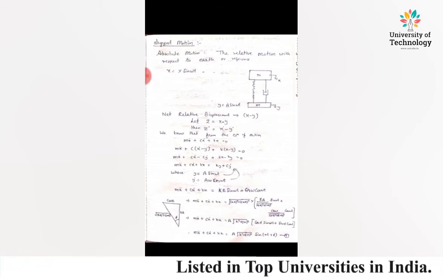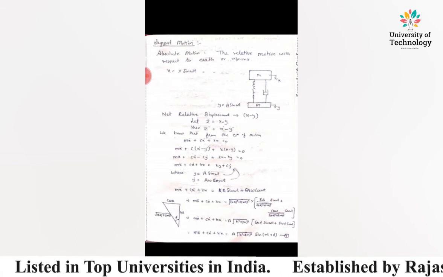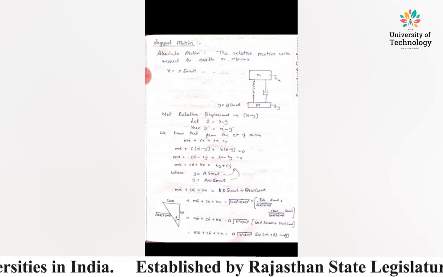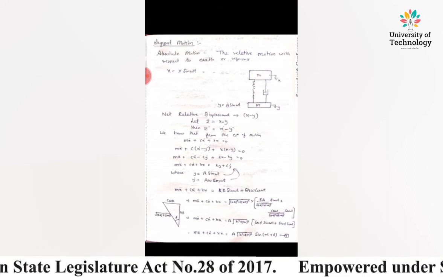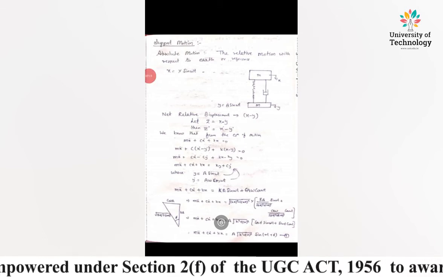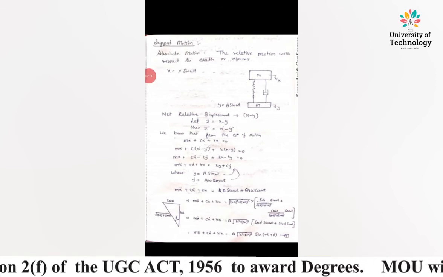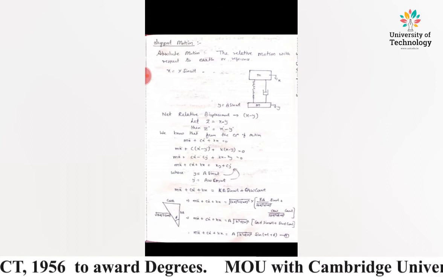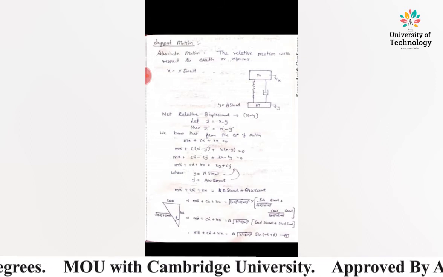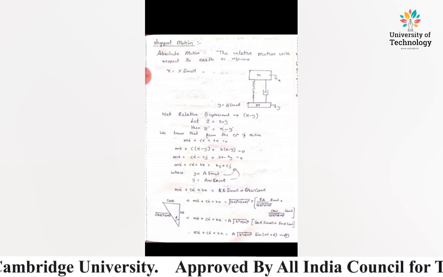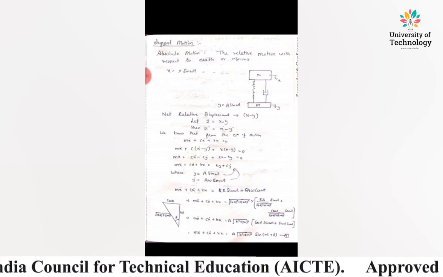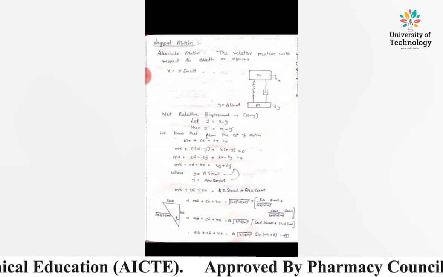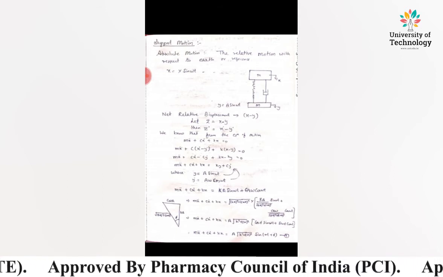By putting the value of cos phi, we get the equation m x double dot plus c x dot plus kx is equal to A root of k square plus (c omega) whole square into (cos phi sin omega t plus sin phi cos omega t).